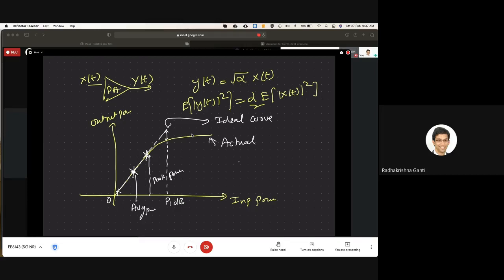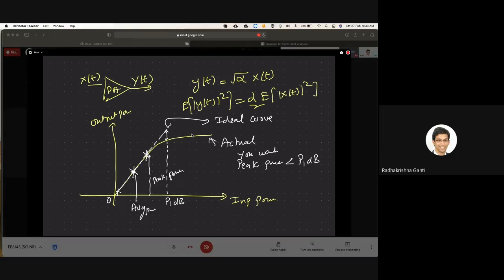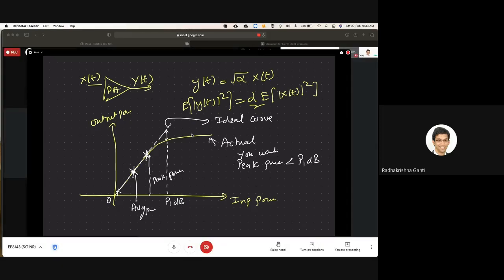Essentially you want peak power to be less than P1 dB. I'm putting P1 dB, but generally you put something less than P1 dB, because already at P1 dB you are compressed. But what is the actual transmit power?